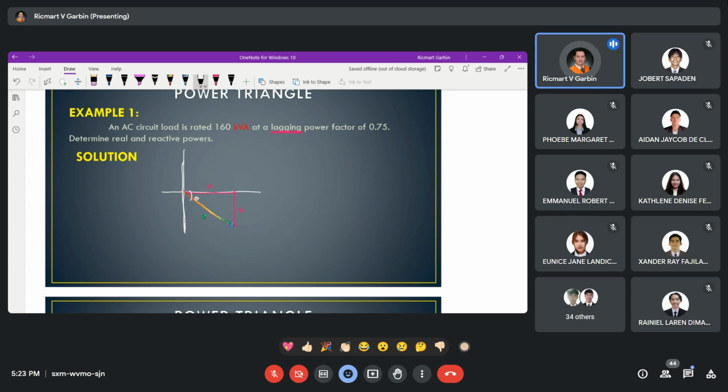Since power factor ang given, which is cosine of theta is equal to 0.75, ang kailangan nating makuha ay yung angle. To find the angle, we just take the inverse cosine of 0.75. So, ano yung magiging angle natin?